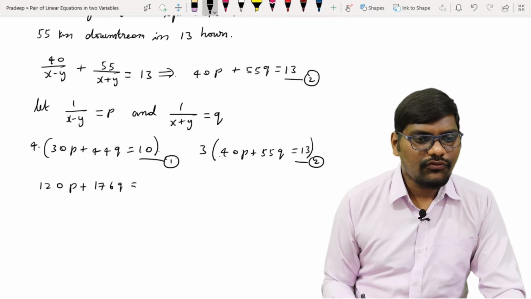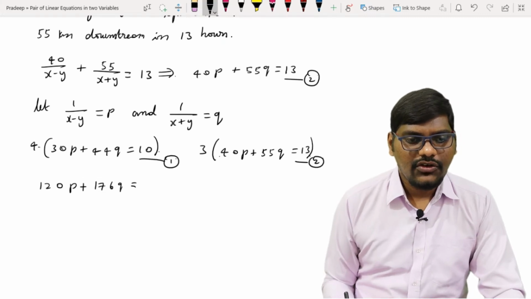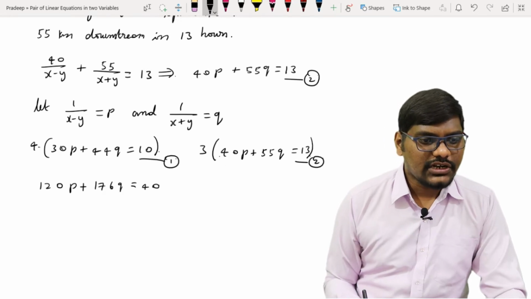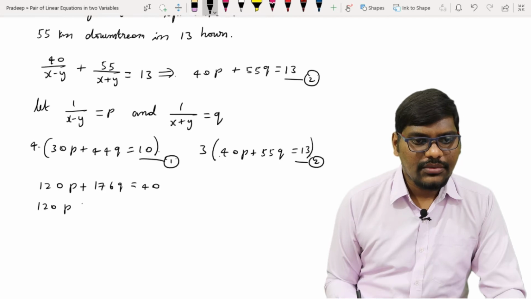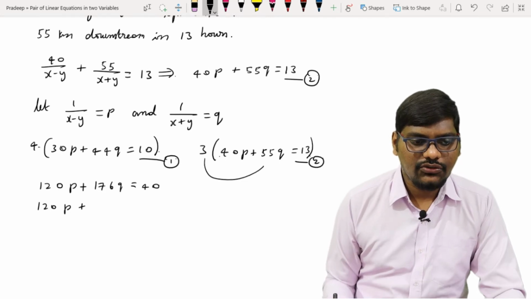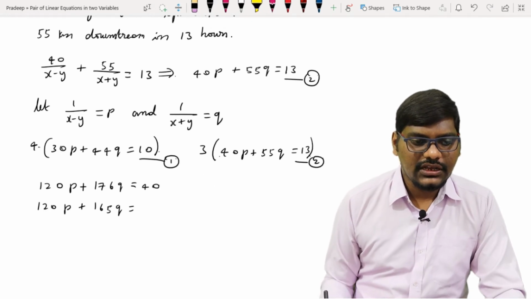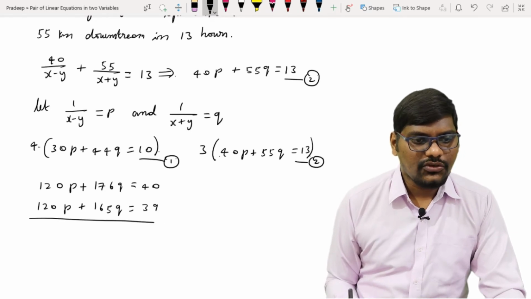Now 4 into 10 is 40. Similarly, the second equation: 3 4s are 12, 120p plus 3 into 55, that gives us 165q. And 3 into 13 gives us 39. So let's solve this.